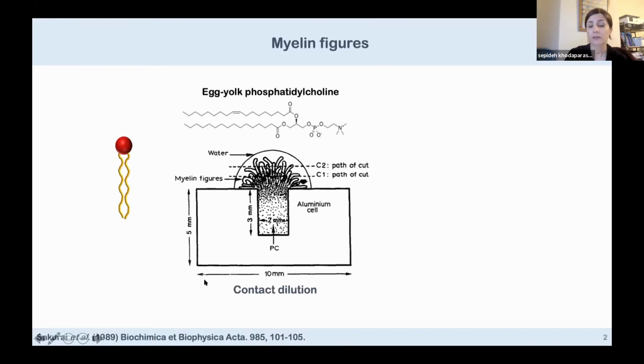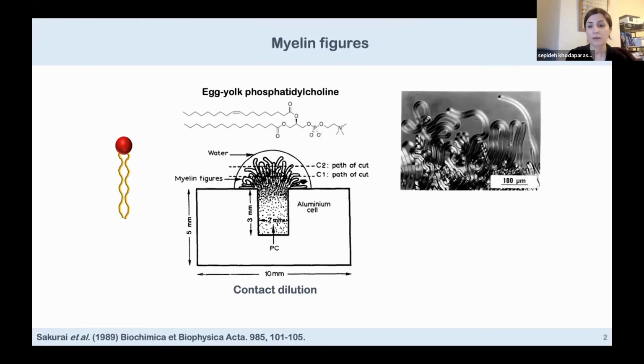They performed a contact dilution experiment, where you put the very concentrated self-assembly of these molecules in contact with pure water. Within minutes of the experiment, what they observed was the growth of a tubular structure out towards the pure water solution.